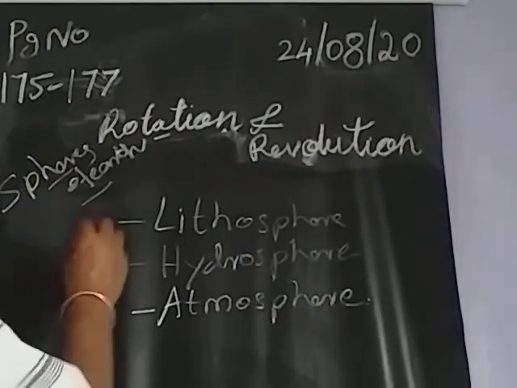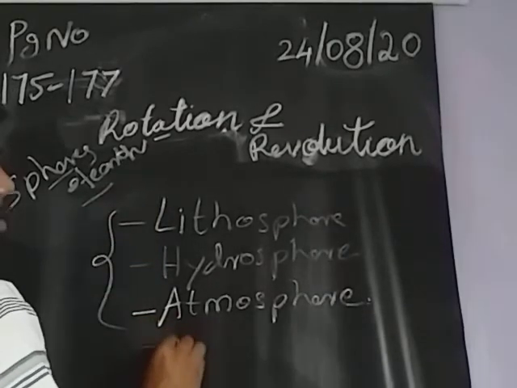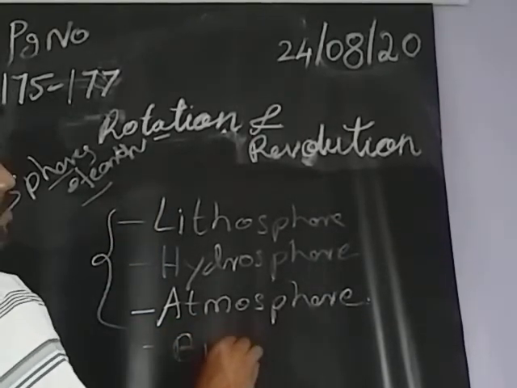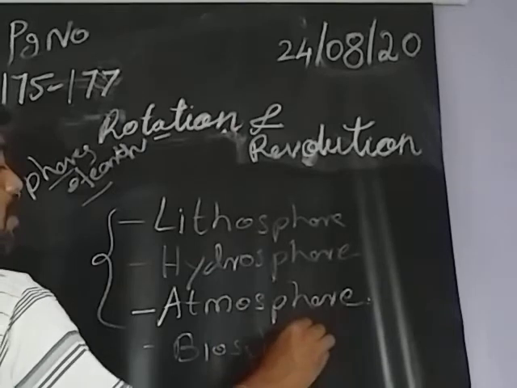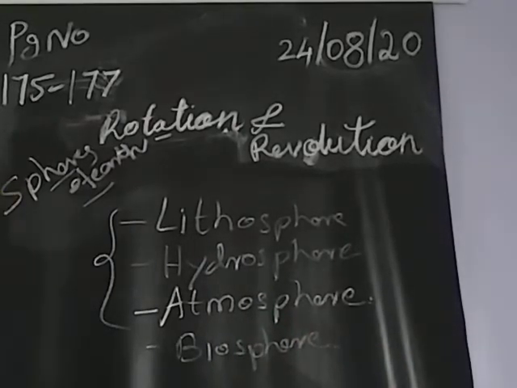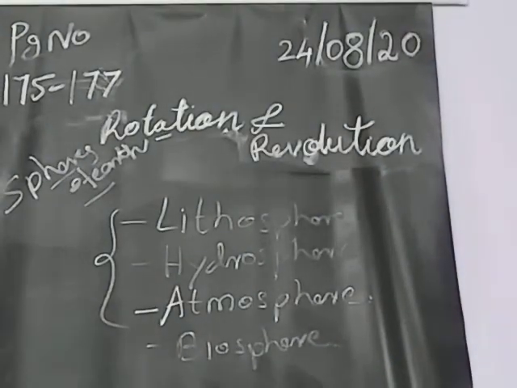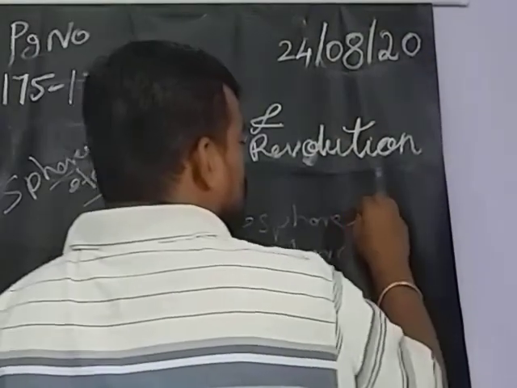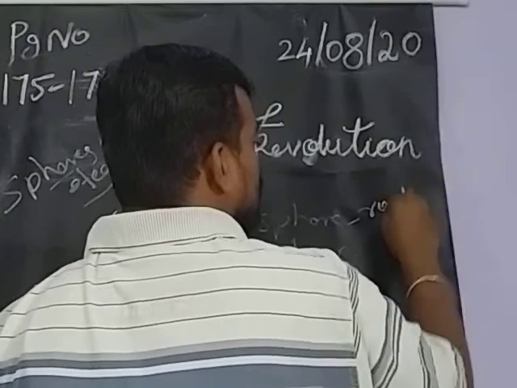These together make up the biosphere. Lithosphere means the land area, formed completely of rock and soil.